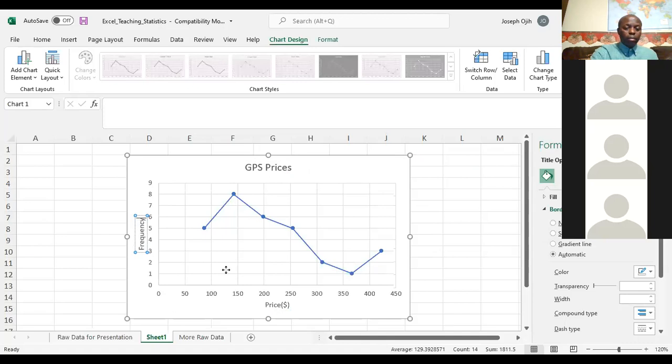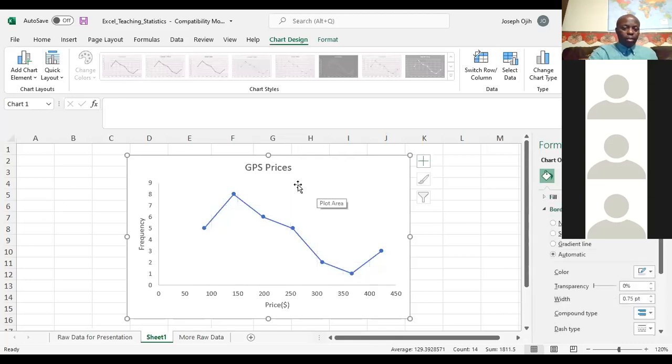Let me remove these grid lines, I'm going to remove them. Okay, I will call it frequency polygon, or GPS prices data.